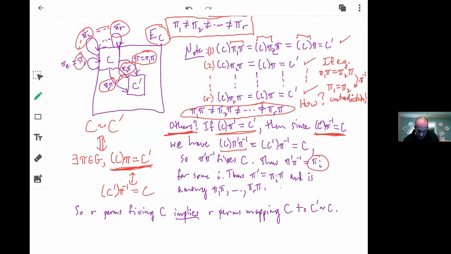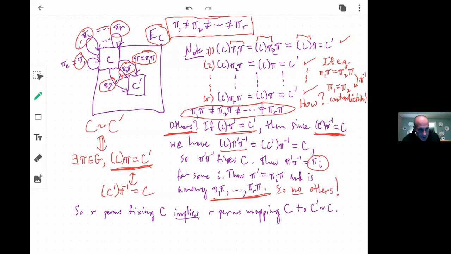But then if I operate on the right by pi, that means pi prime is equal to pi i times pi. And so it is among all of those things we just constructed. So in other words, can there be others? There are no others.